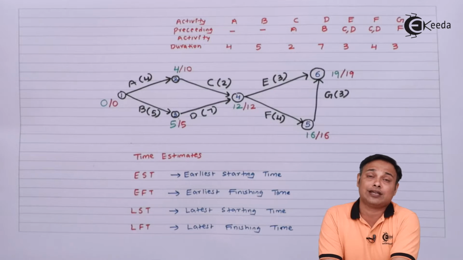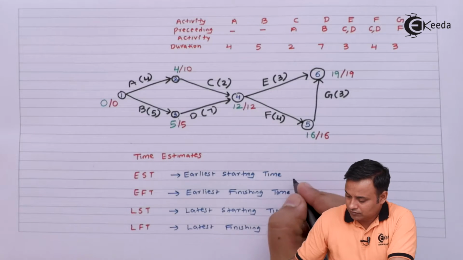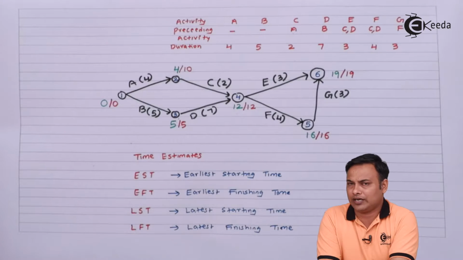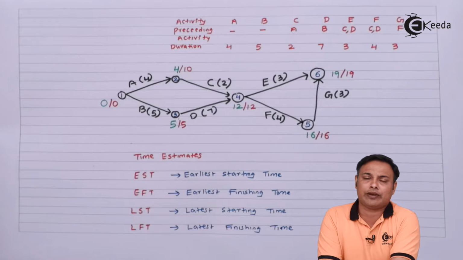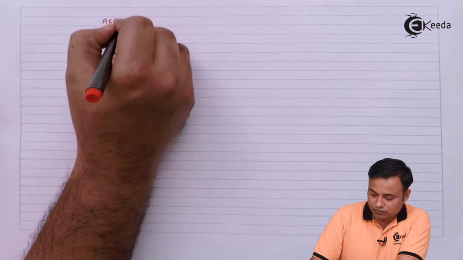That is called the latest finishing time. Now, how to calculate the earliest starting time, earliest finishing time, latest starting time and latest finishing time, we are going to learn in the next example.